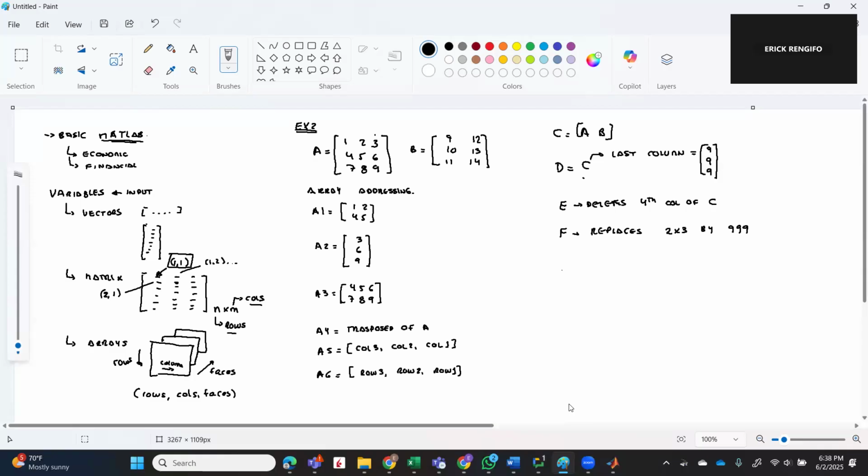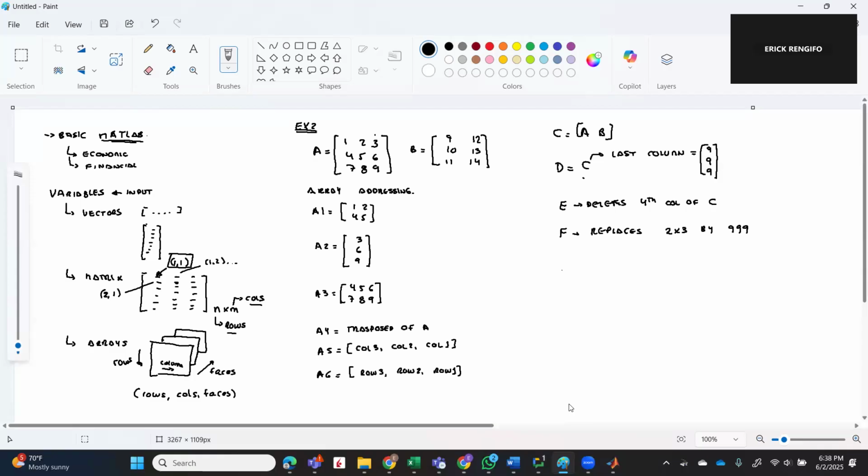Second row, third column. Do you see this one? My mouse moving? It's not moving for me. Really? You cannot see it moving? No, I can't. Sorry.